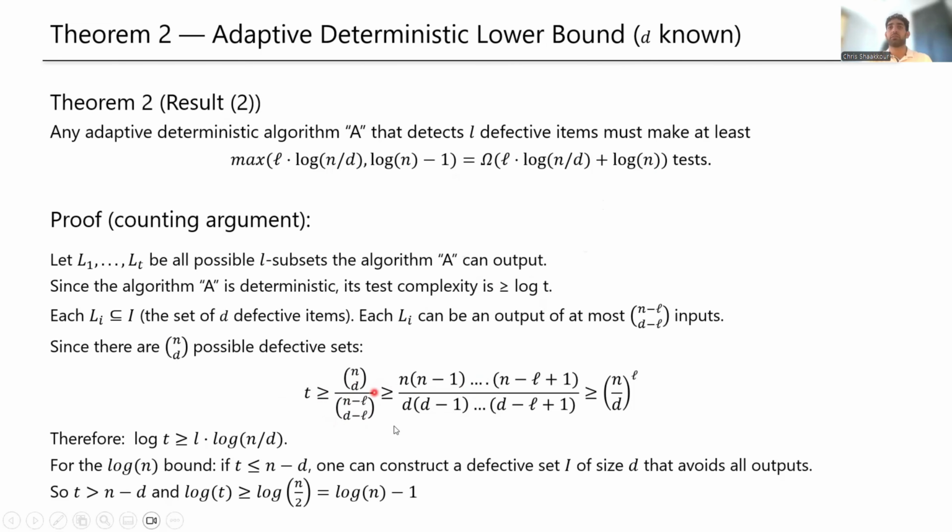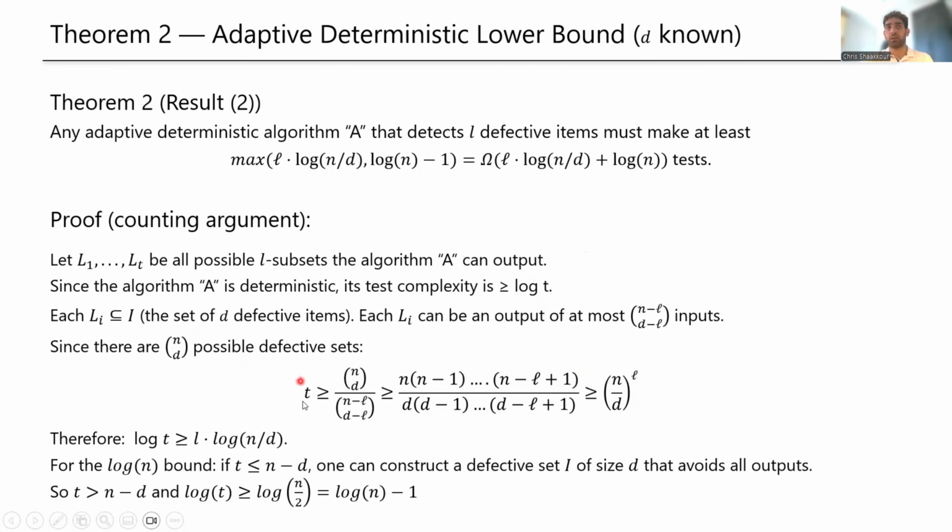If we open the calculation and put this in the equation, we get that T is greater than (n divided by D times L), to the power of L.